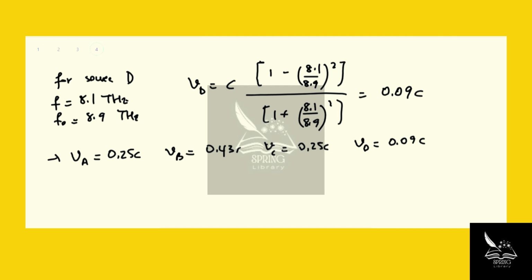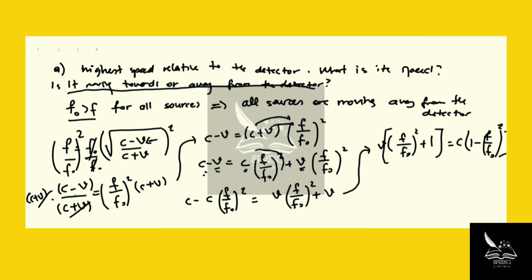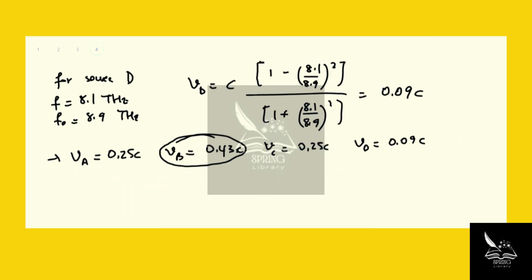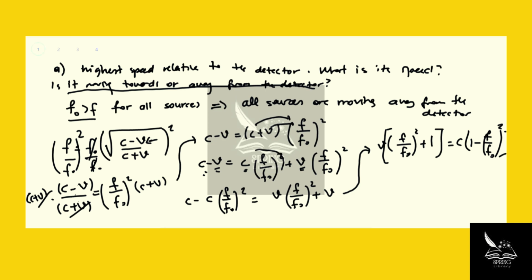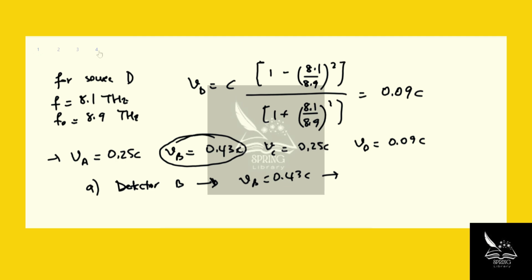The highest speed is obviously coming from source B. And what is its speed? Let me write the answer here, source B. Its speed is 0.43 c. And remember from the beginning, we had already answered, is it moving towards or away from the detector? It is moving away from the detector.